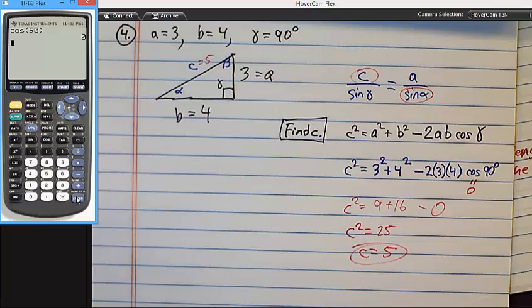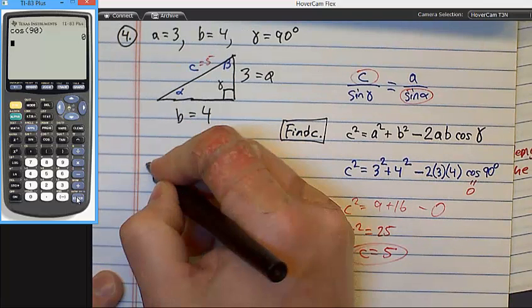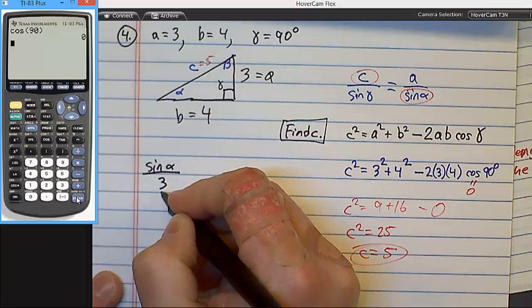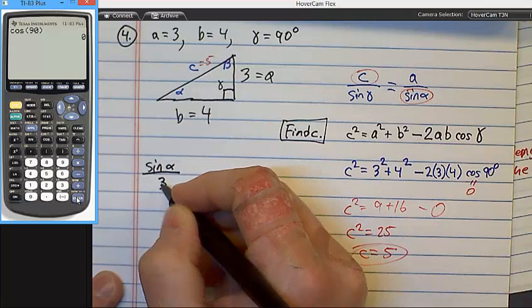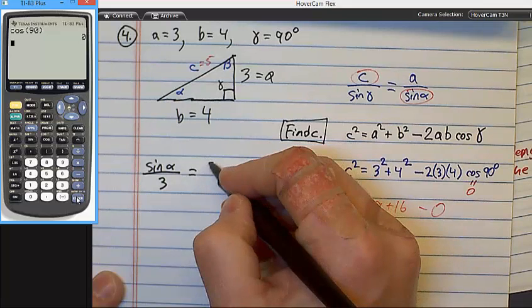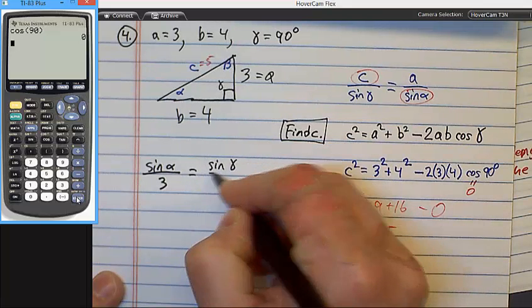Now I can use the law of sines, right? So let's find alpha. Sine of alpha over 3 is equal to... I need to find one I know. Well, I happen to know the sine of gamma, and I know 5 is the side opposite.